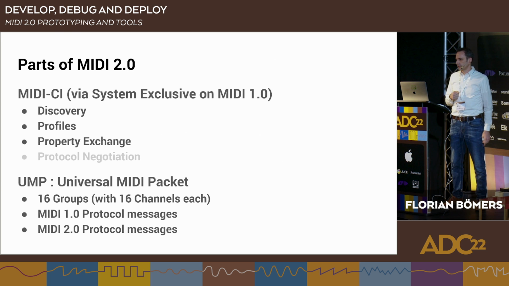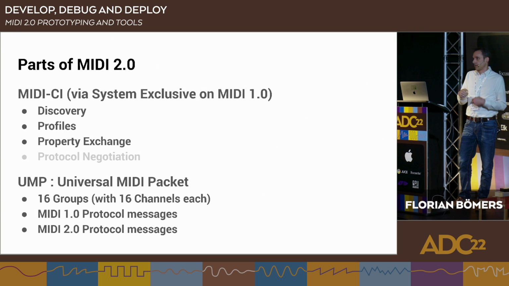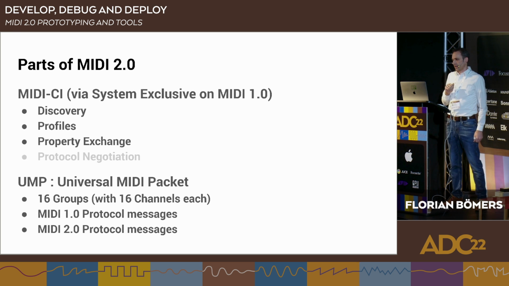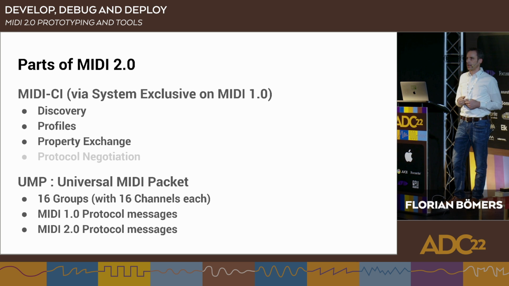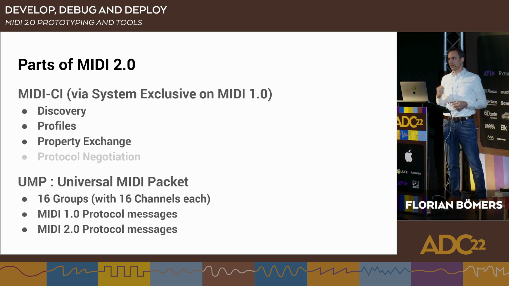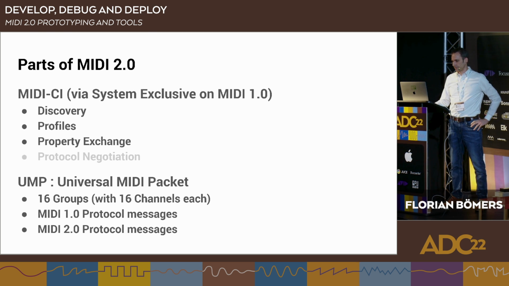It uses system-exclusive messages, and it enables discovery of other MIDI-CI devices. Then there's a section called Profiles, where it can enable and disable high-level functionality. And there's a section Property Exchange, which allows you to ask questions and get a reply with more fine-grained, detailed information about a device or an implementation.